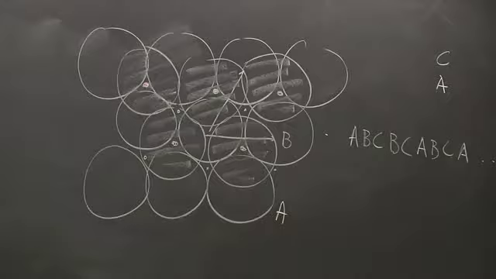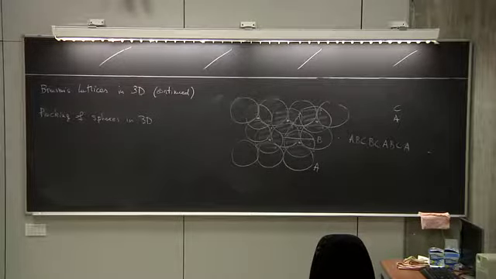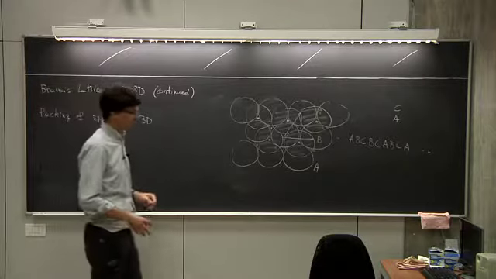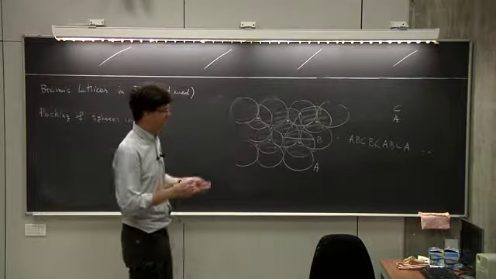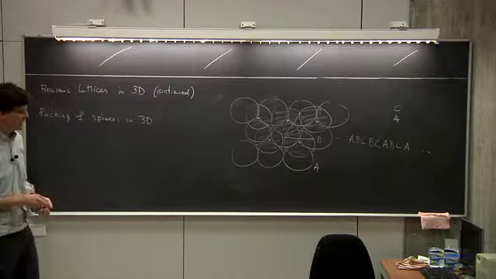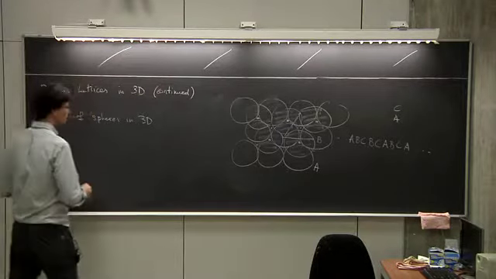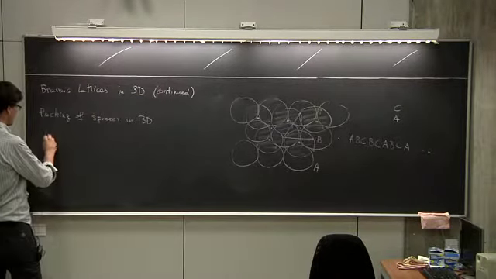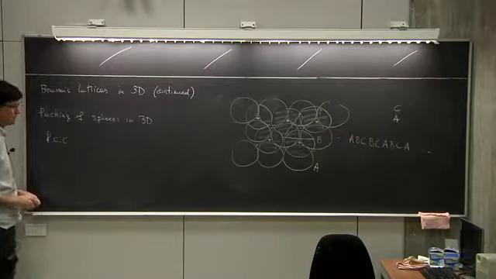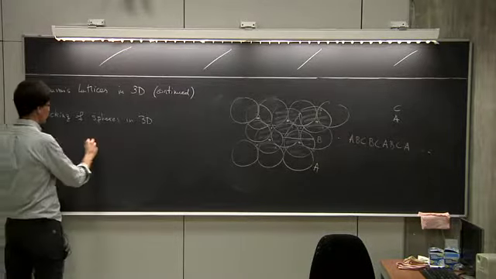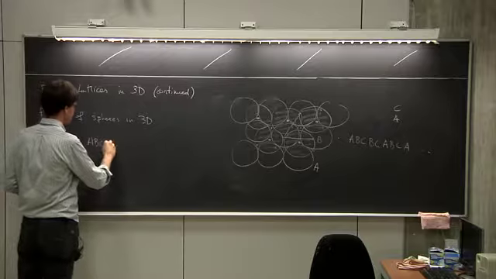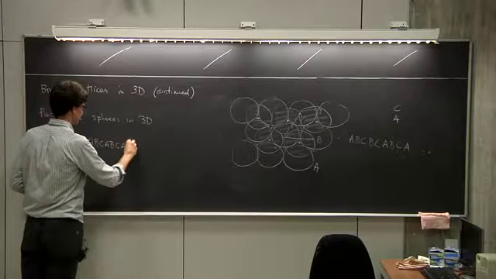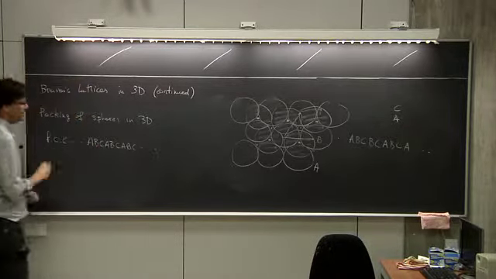Now, it takes a while to visualize it, and we're not going to do it because it really requires some sort of three-dimensional vision to realize this. But the FCC structure is equivalent to ABC, ABC, ABC, repeated periodically.